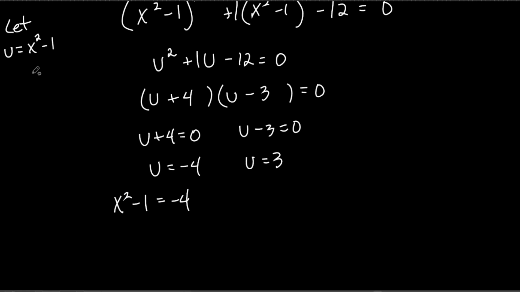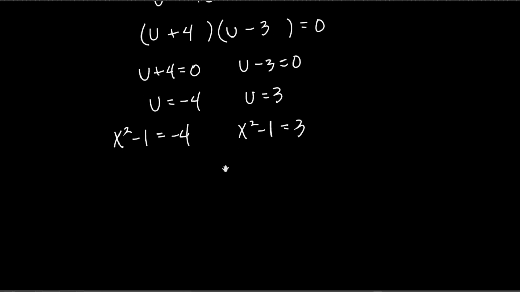Instead of u equals 3, we're going to do a substitution again, and replace u with x squared minus 1 and set that equal to 3. That's the new part right there, okay? That's the new stuff. After that, it's just basically solving for this. Okay? Let's keep going.